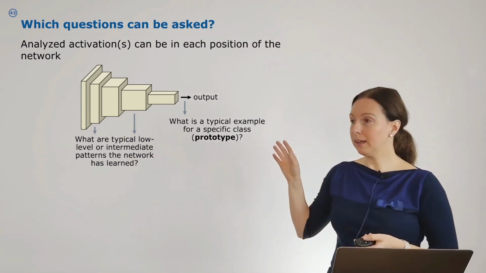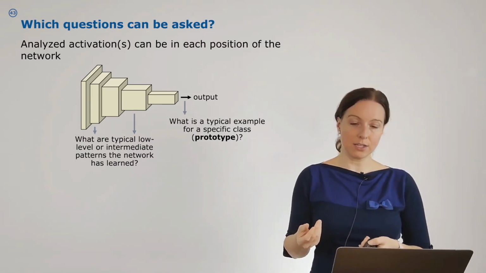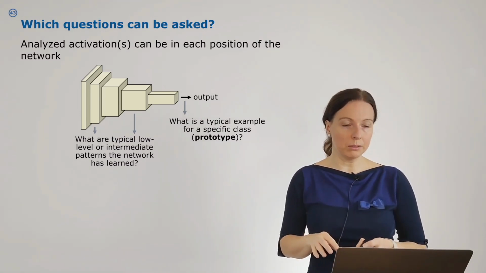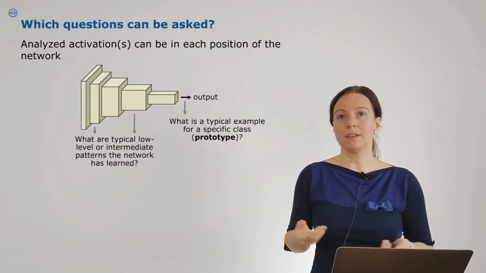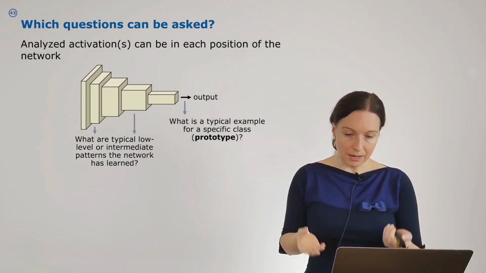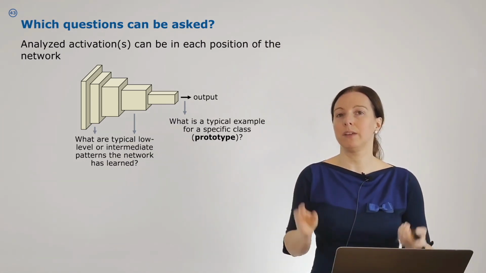Or we can look immediately before the decision layer, and then it will answer what is a typical example for a specific class, a so-called prototype. So it will answer the question, what does the network think a specific class is?